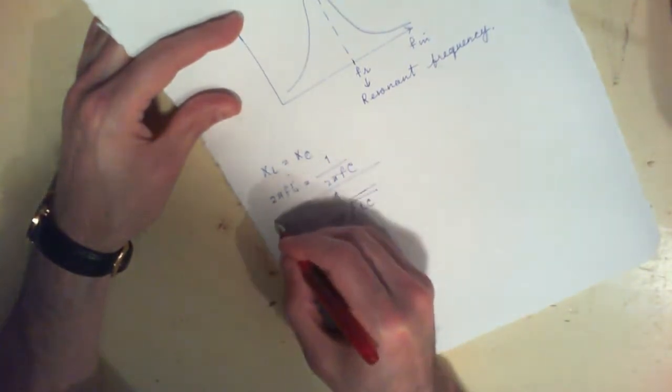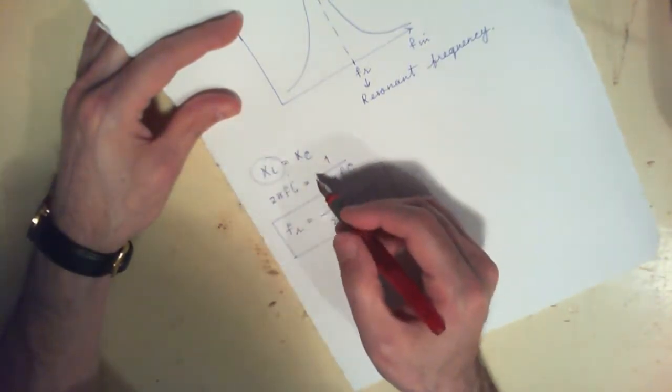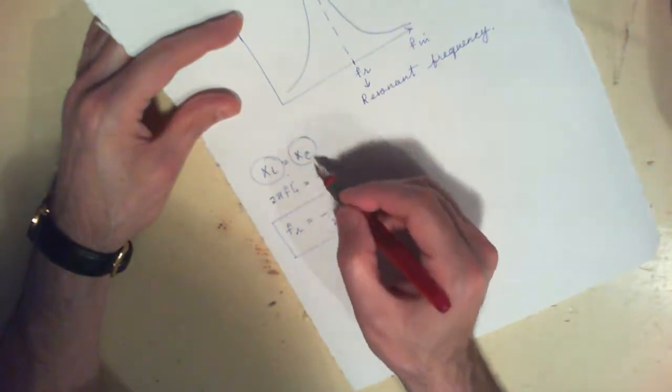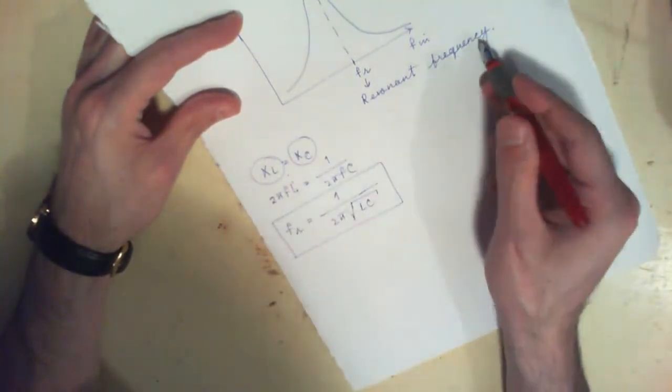So that's the frequency at which the reactance of your inductor is equal to the reactance of your capacitor, and we called it F of R, or resonant frequency.